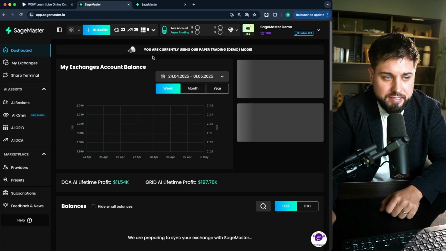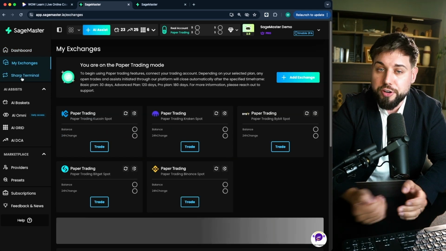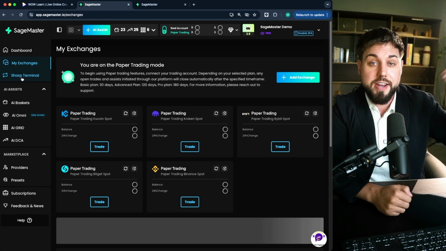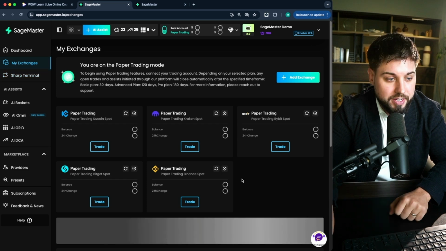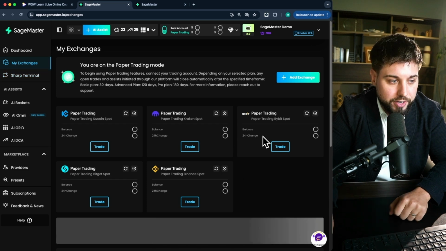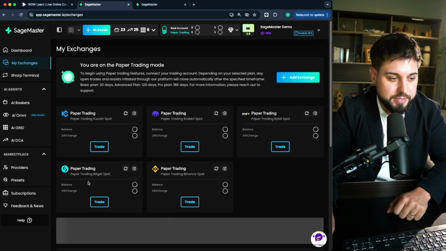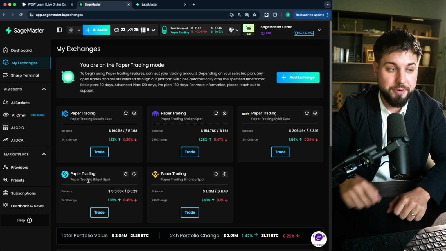Basically, you can connect one or multiple paper trading accounts too, where you can then go to the Sharp terminal, for example, to learn trading, just like if you were about to trade on the exchanges with this amount of funds. As my numbers will load here, you'll see I have a KuCoin account, Kraken, Bybit, Binance, and BitGet paper trading. This is demo funds for me to learn, right?